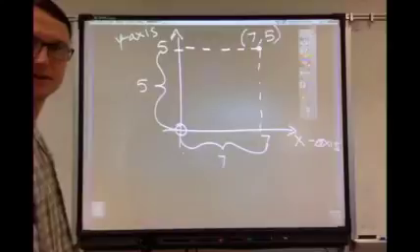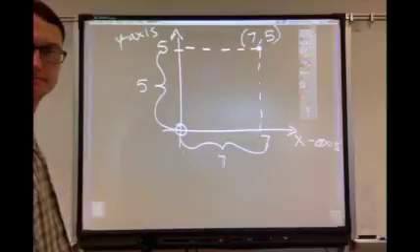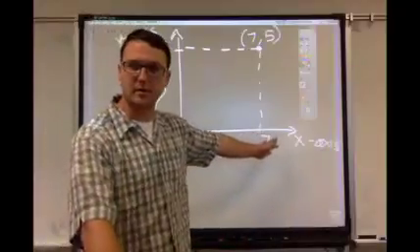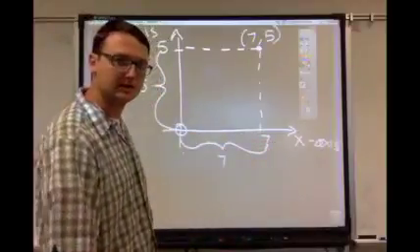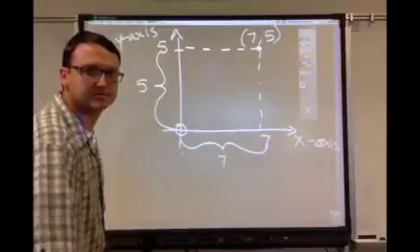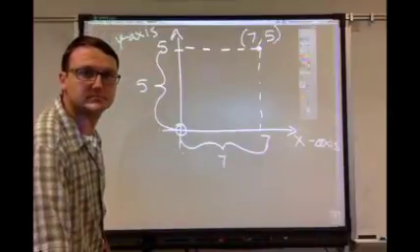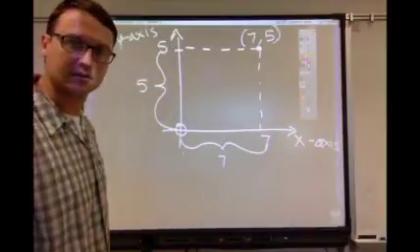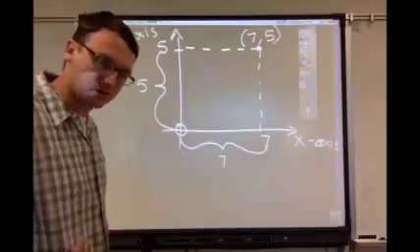That is our point 7, comma 5. Because it is 7 units away from the origin on the x-axis, and it is 5 units away on the y-axis from the origin. So let's see what that would look like in a point system, and you want to plot it, which is what we're trying to do.